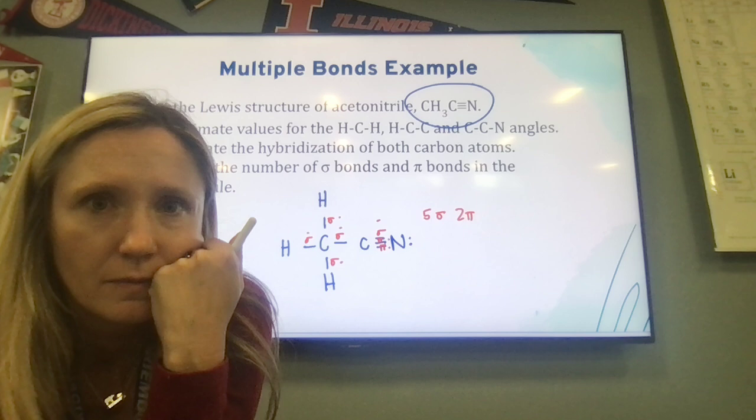So they're in between the nuclei. That's the nucleus of one, there's the nucleus of the other. When they overlap their half-filled orbitals, they're in between the nuclei, and chemists call this a sigma bond.